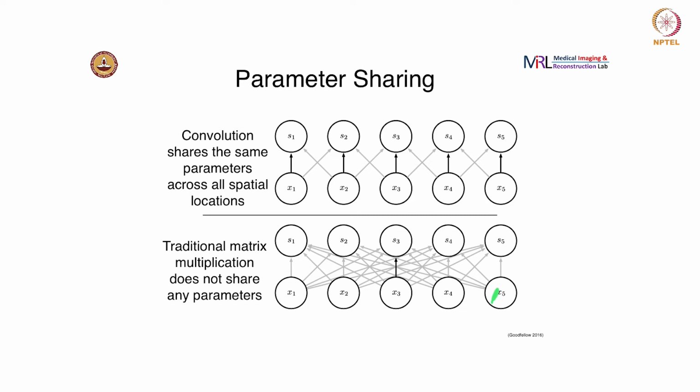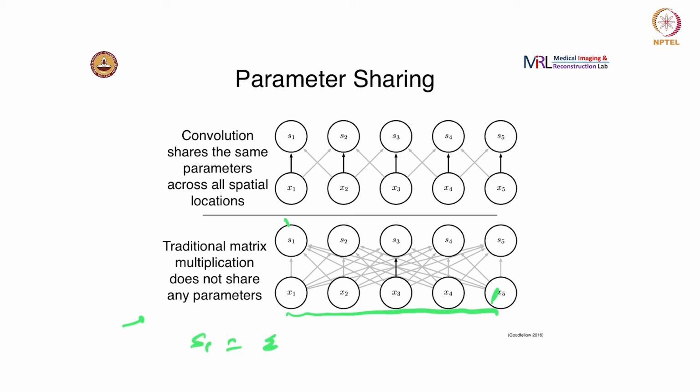The parameter sharing is something I mentioned in passing. To understand this, look at the traditional feed-forward neural network. If you take S1, for instance, S1 gets its input from X1 to X5. So basically, you have a bunch of weights.